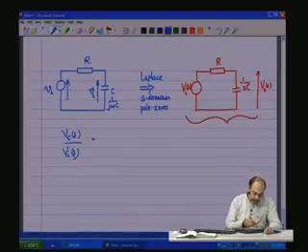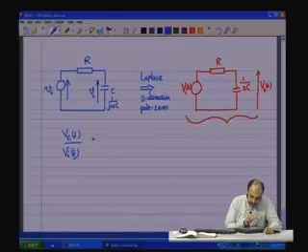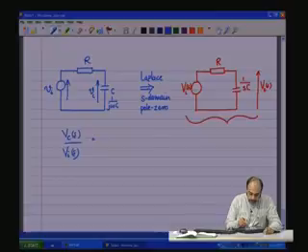This will give the relationship between the output V C and the input V I in the Laplace domain or the S domain. So, the analysis is performed in a manner similar to what is done with a resistive network or in the case of a sinusoidal steady state network.